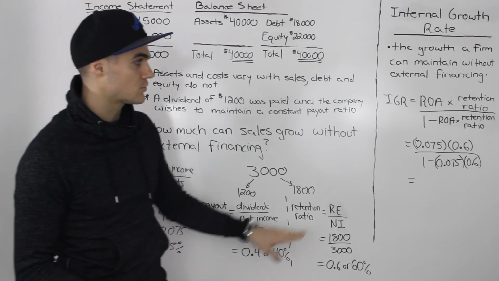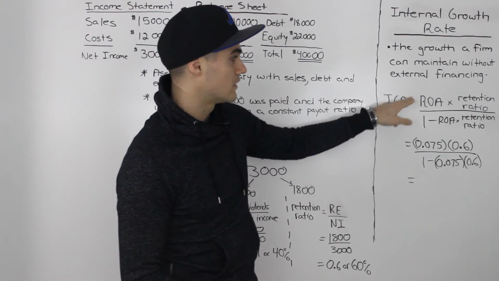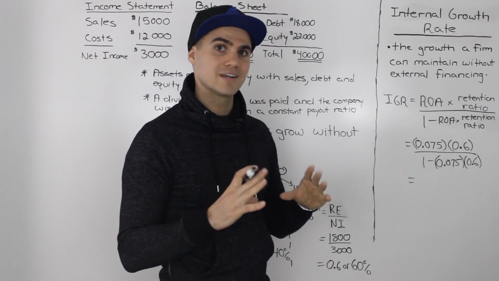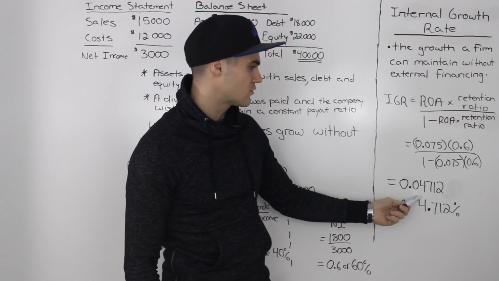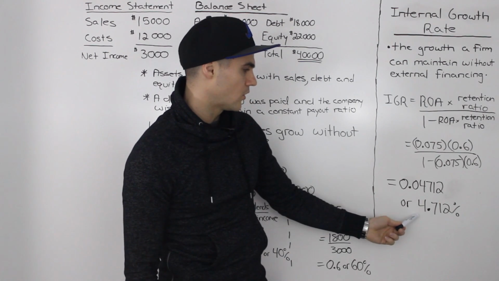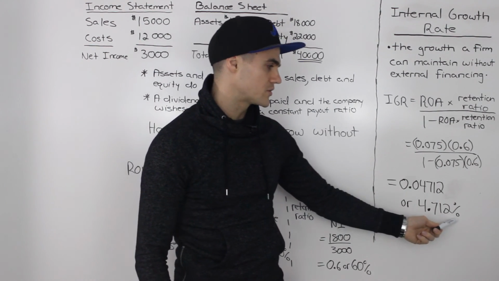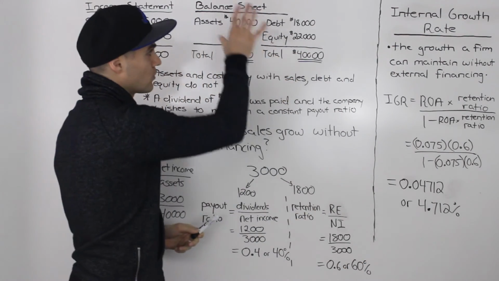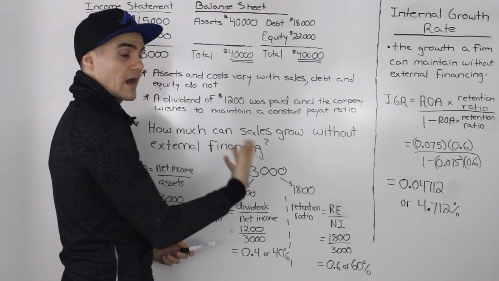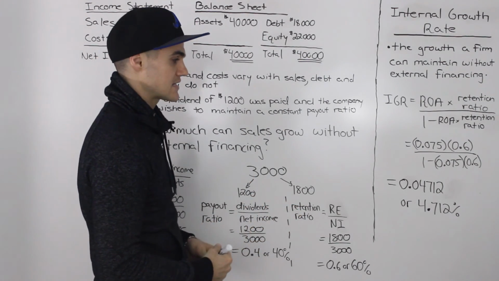So always make sure when you're using this formula that they're in decimals. Plugging those values into your calculator, you would get 0.04712, or in percentages 4.712%. So that's the maximum that the sales can grow for this company without any external financing needed.